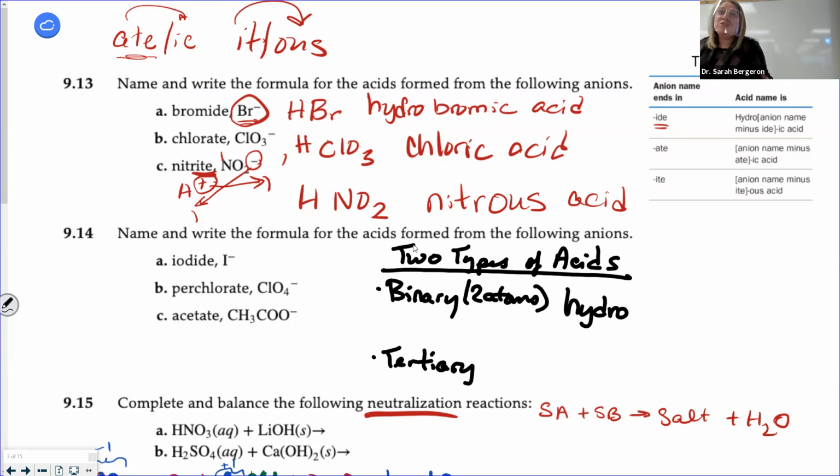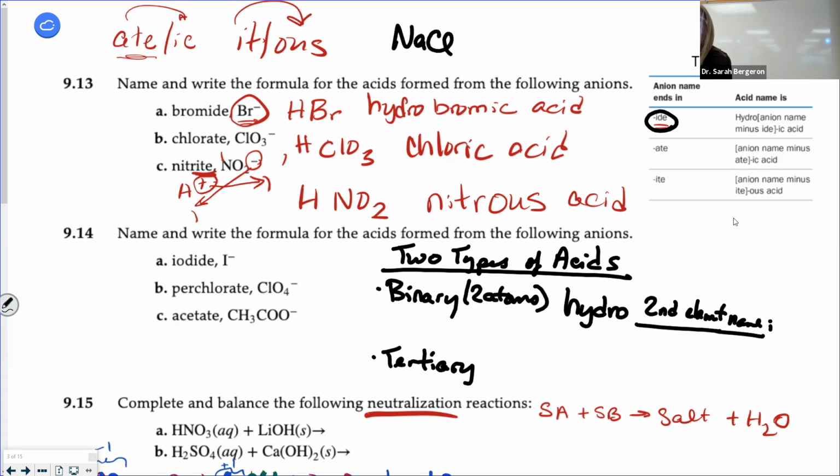HI, HBr, HCl, right? All of those are hydrogens. So we're saying that one of those two atoms is hydrogen. And then we're going to say hydro, and then the second element name with an IDE. So when you're naming something on the periodic table, like NaCl, how do we name NaCl?